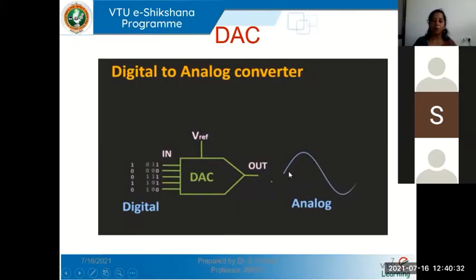As I told you, it won't be a perfect analog signal, but it will be something similar to a staircase approximation of the required analog signal, which can be obtained when I use a filter. If I use a low pass filter at the output, I'll get back the analog signal.